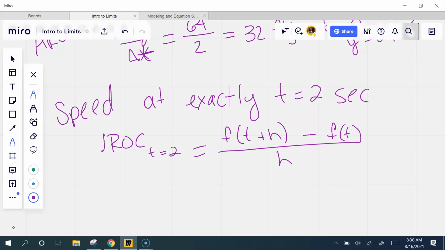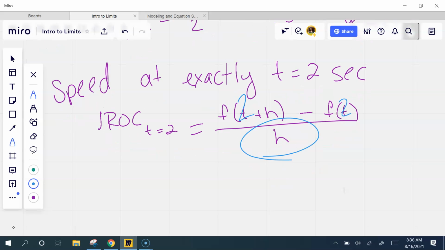But this time, because we're talking about instantaneous at 2, we can put the 2 in here. But what's the problem? My problem comes in my h, because there is no difference here. So my question is, what happens as h gets smaller and smaller and smaller?